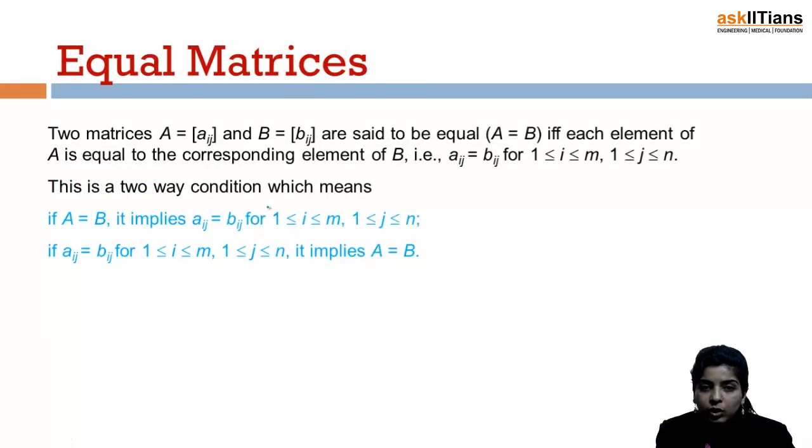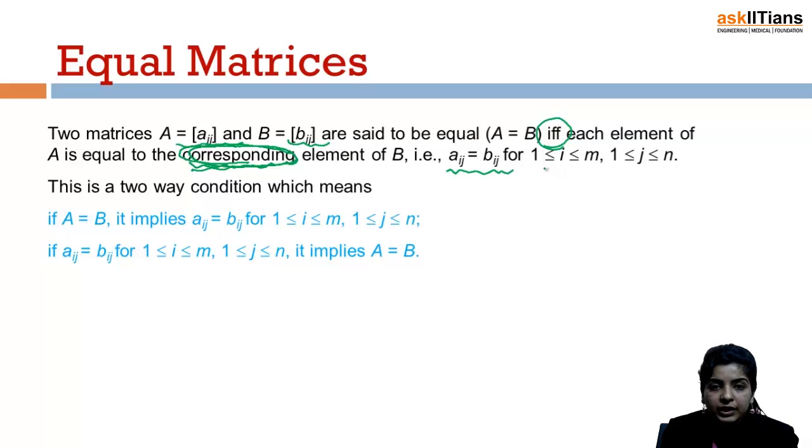Next we have equal matrices. Again, as the name suggests, two matrices A = [aij] and B = [bij] are said to be equal if and only if, this is a two-way condition, each element of A is equal to the corresponding element of B. This is an important term, you cannot miss out this term, corresponding element of B, that is aij = bij for every i and j, where i varies from 1 to m and j varies from 1 to n.